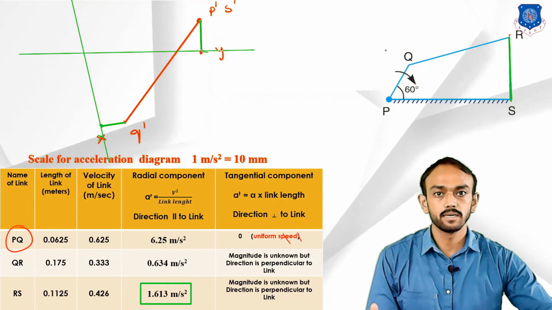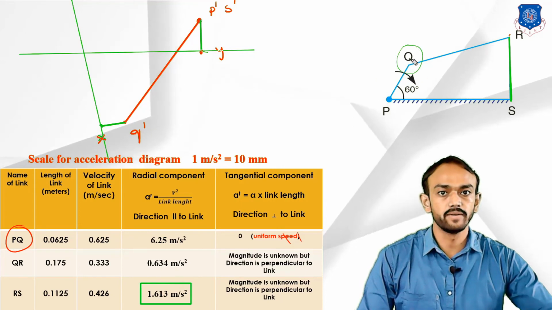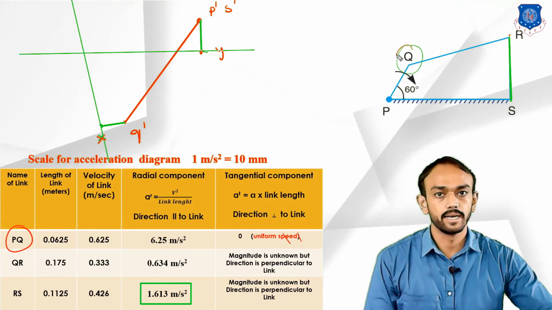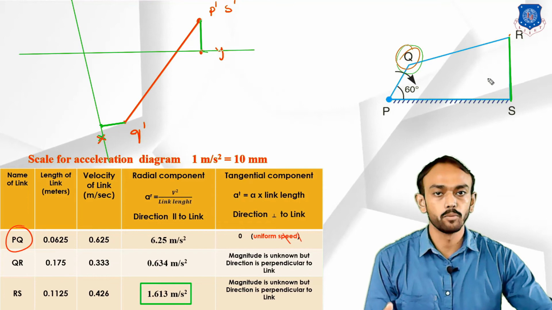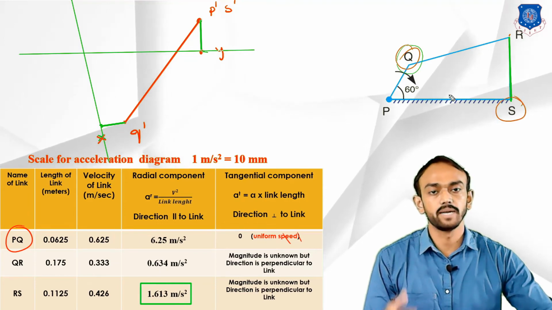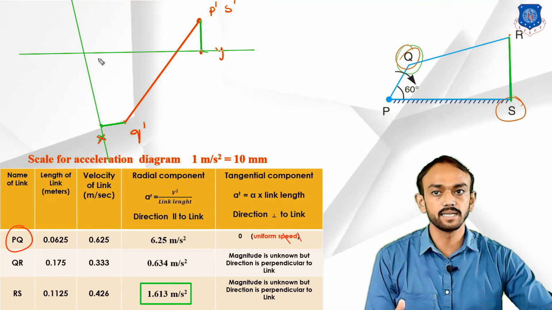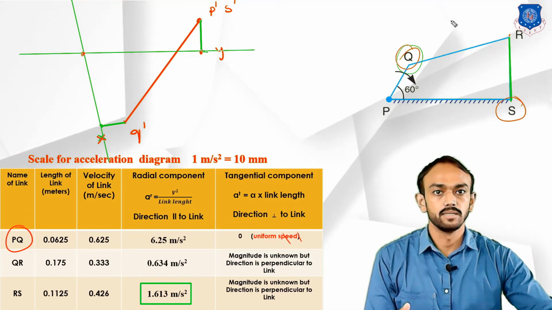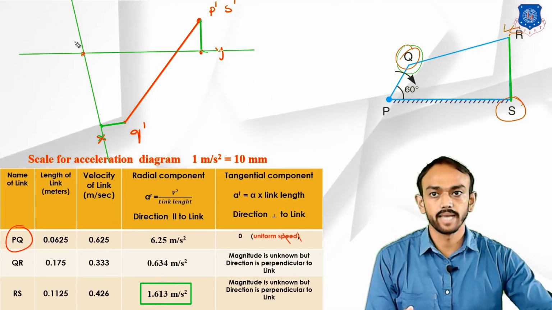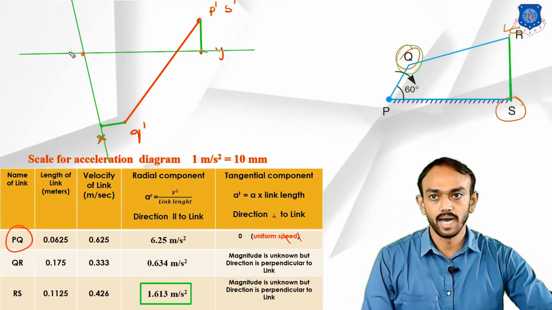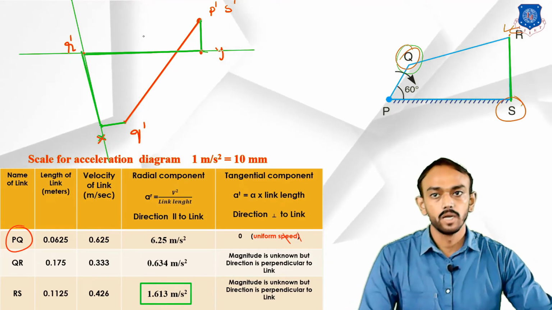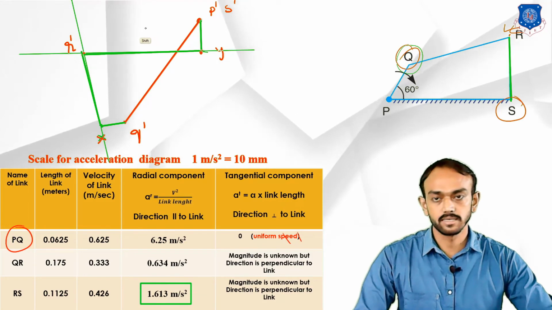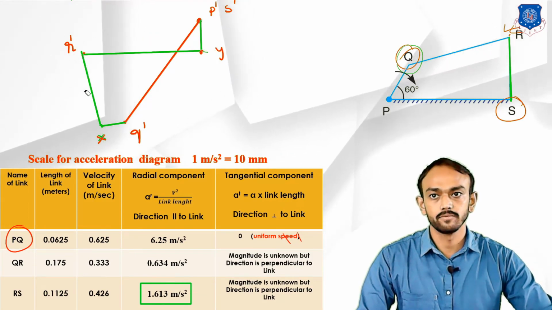What we have done here is, with respect to Q we have taken the radial and tangential components, and with respect to S we have taken the radial and tangential components, and this intersecting point gives us this R point. Now I can say this is the R dash.